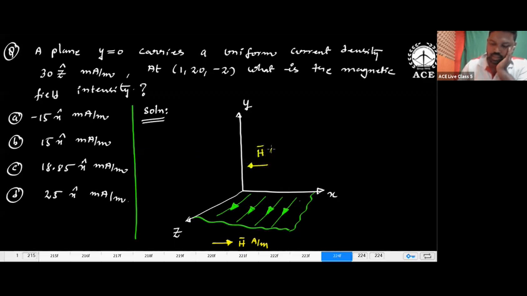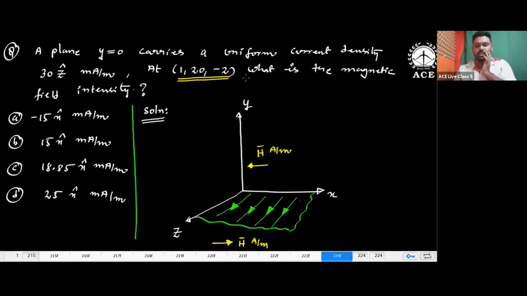If the point is above the sheet, the magnetic field is in the negative x direction. If my point is below the sheet, the magnetic field is in the positive x direction. So where is this point, beta? 1, 20, -2. Is it above the sheet or below the sheet? It is above the sheet, isn't it?